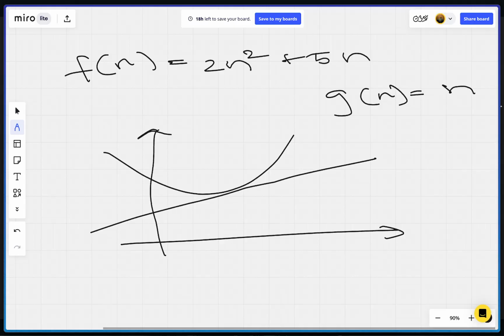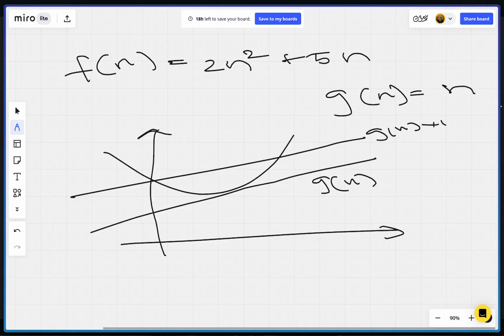So in this scenario, no matter what value you multiply gn by, let's say you multiply gn by a million, then gn times a million will go like this.